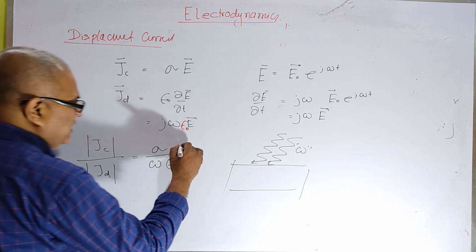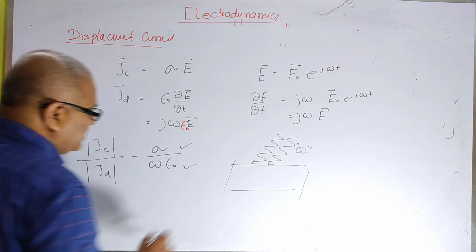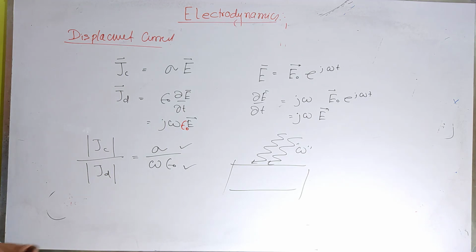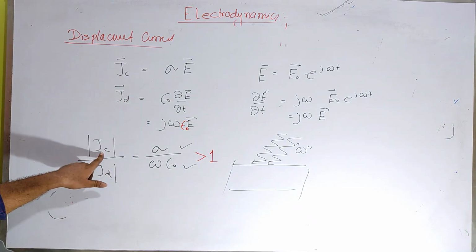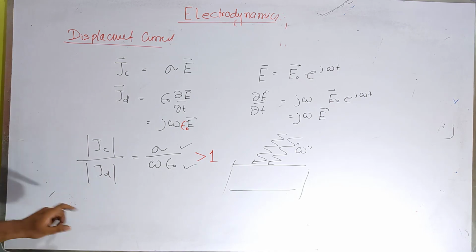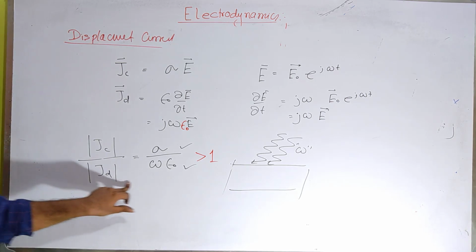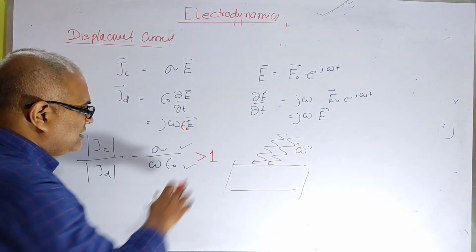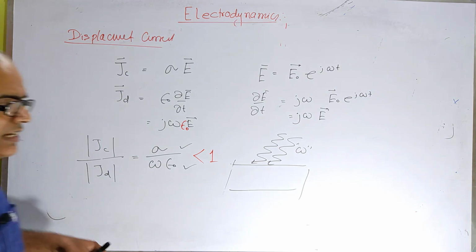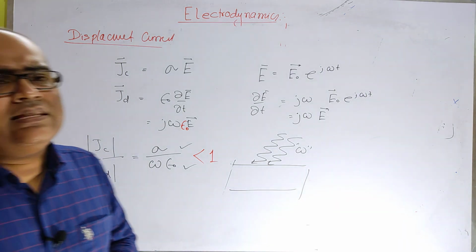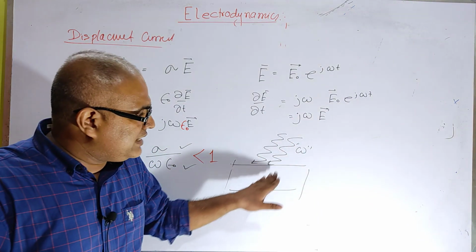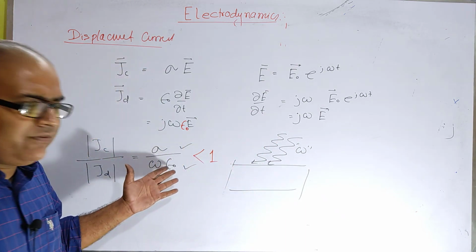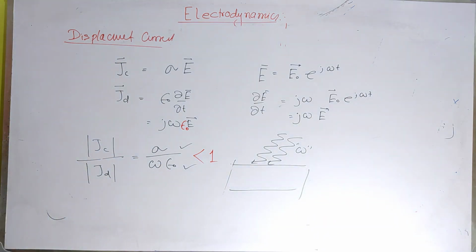So for a particular medium of conductivity sigma and permittivity epsilon naught, if this ratio is greater than 1, then you can say the involvement of J_C is greater, and the medium will act as a conductor. Whereas if it is less than 1, then the medium will be classified as an insulator. So the same medium, depending on the frequency of the incident field, can behave as a conductor or as an insulator.